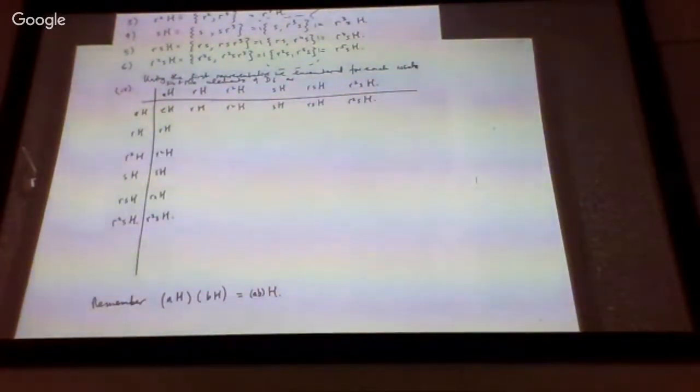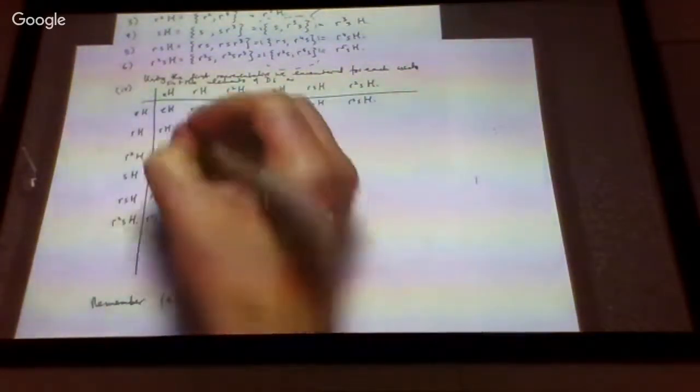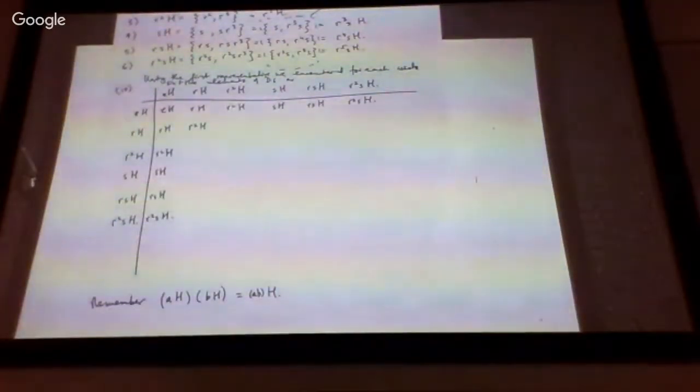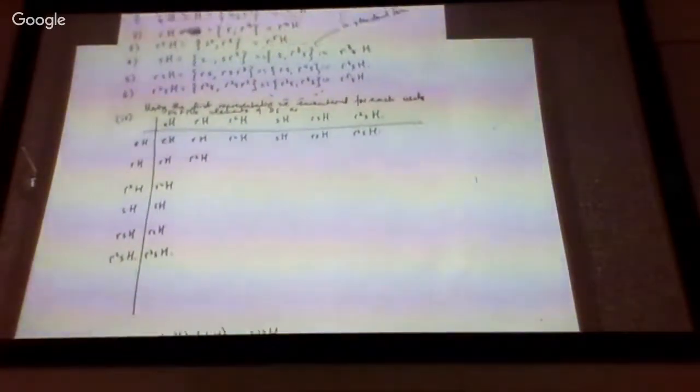So RH by RH is R squared H. RH by R squared H: I was tempted to say R cubed H, and we're correct in saying R cubed H, but R cubed H isn't one of the names.